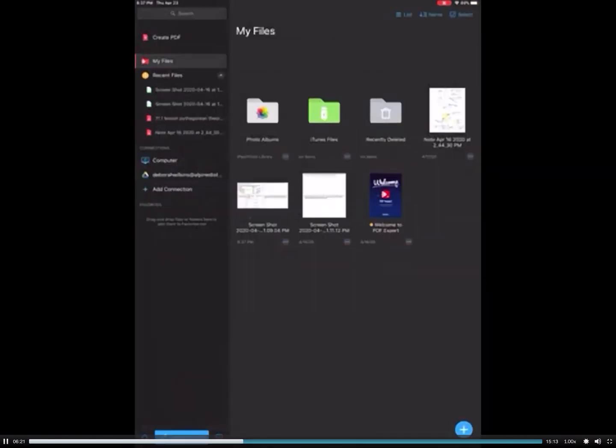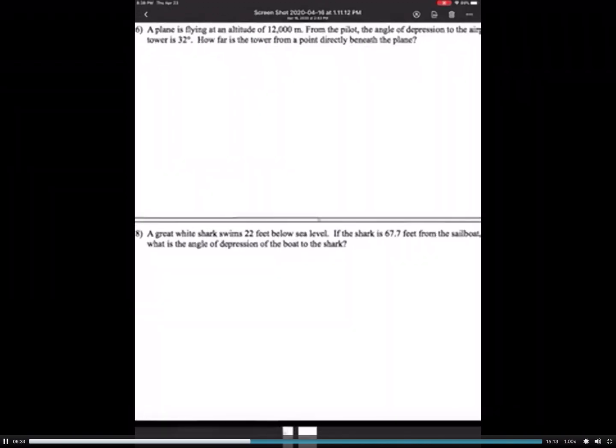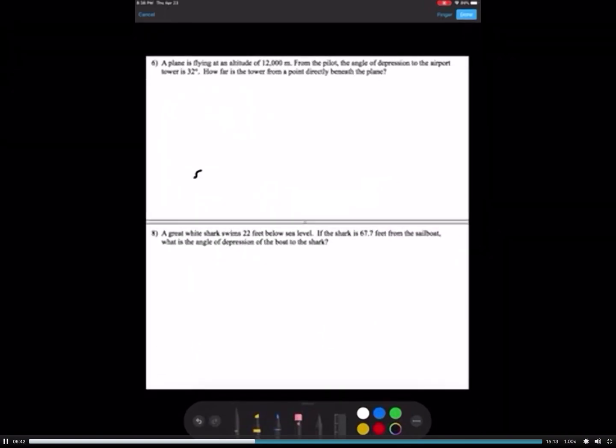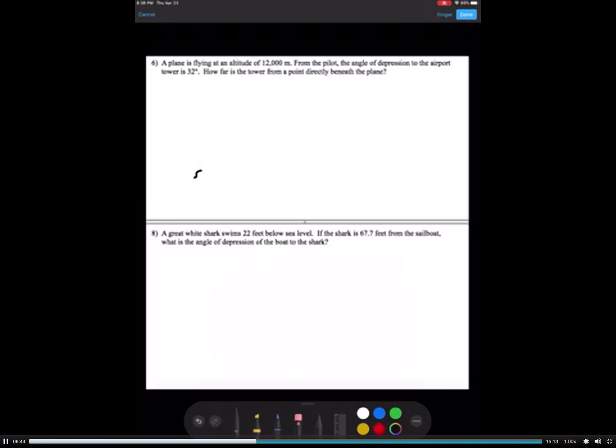Okay, let's do another one. How about this one? A plane is flying at an altitude of 12,000. Here's where you really get to see my artistic abilities. So here is my, oops, erase that piece.